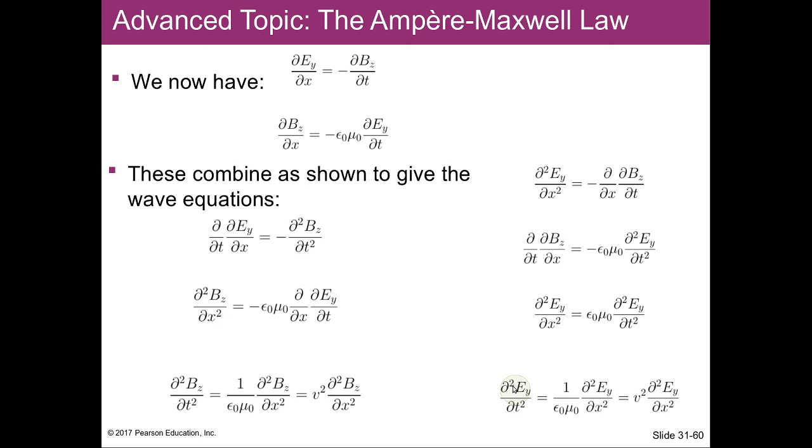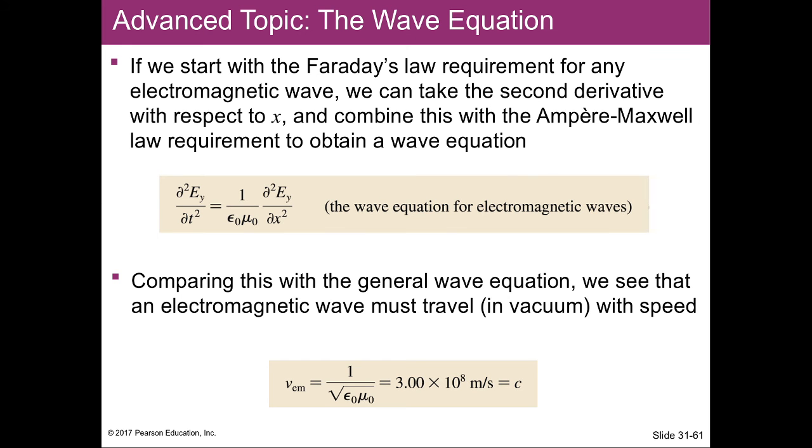And so in summary, we combine these Faraday's and Ampere's laws to get wave equations both for the electric and magnetic field, where the speed of the wave is predicted to be 1 over the square root of epsilon naught mu naught.